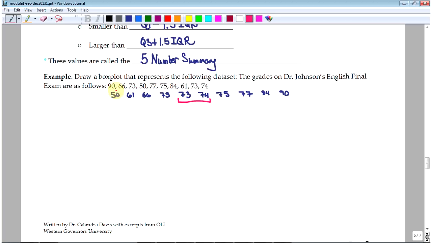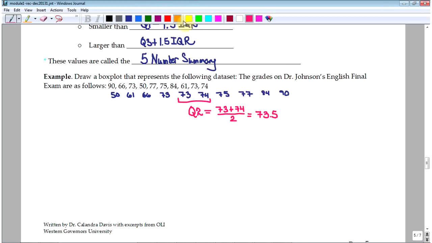We have 4 numbers below that, 4 numbers above that. So to get Q2, which is the median, for an even number of data, we take the average of these. So our second quartile is equal to 73.5.